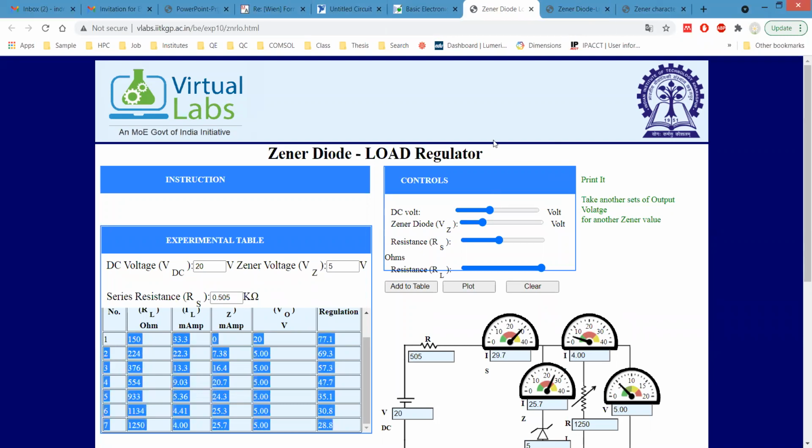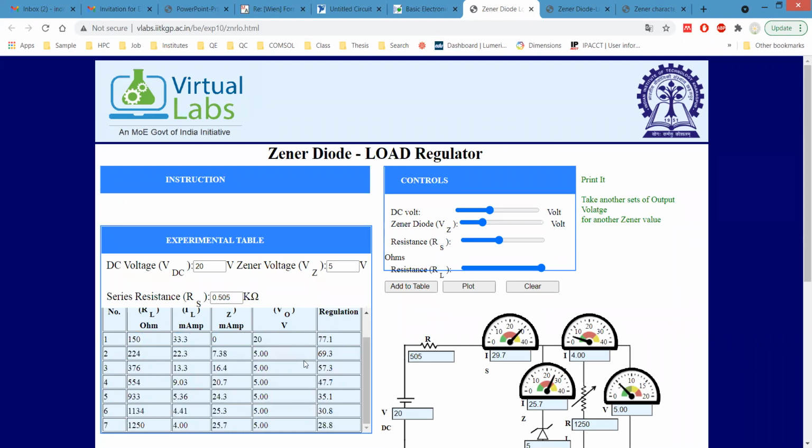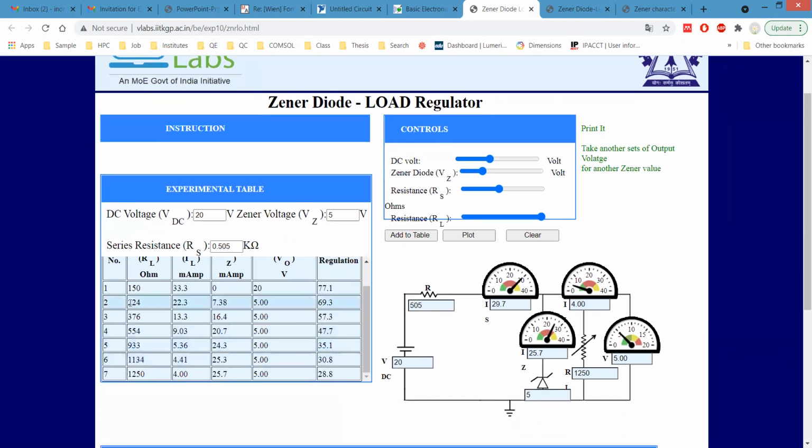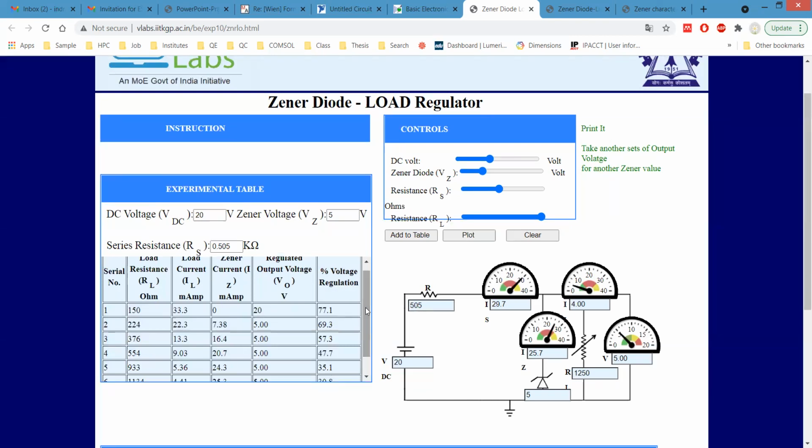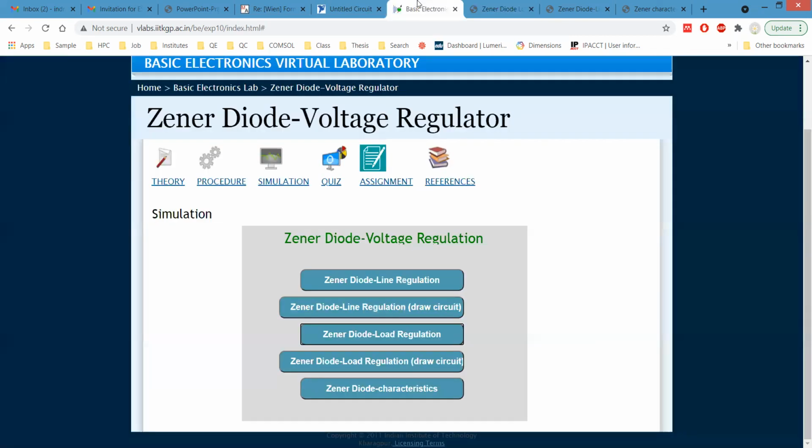Okay. No, if you can see that from this table, your query is, if the resistor is changing, why... basically you want to ask. Let me tell you.